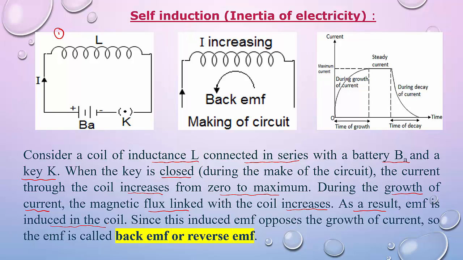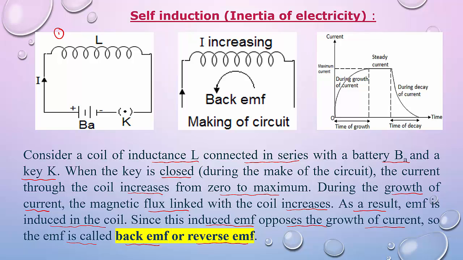When the current is increasing, the surrounding magnetic flux also increases. As a result, EMF is induced in the coil. Then, since this induced EMF opposes the growth of the current, this EMF is called back EMF or reverse EMF. Here you have to remember Faraday's law as well as Lenz's law.